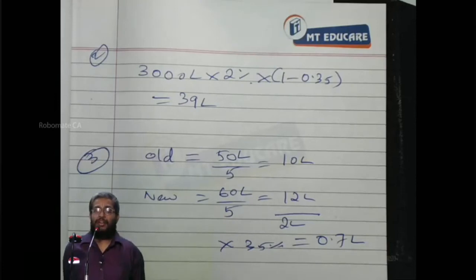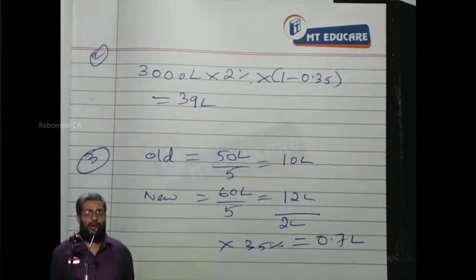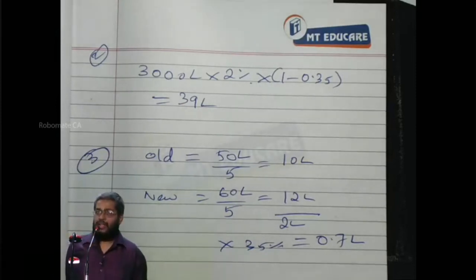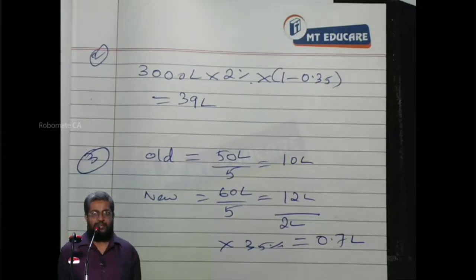That is, if I had continued with the old bond, I would have still amortized 10 lakhs. Amortization with the new bond is 60 lakhs by 5, which is equal to 12 lakhs.